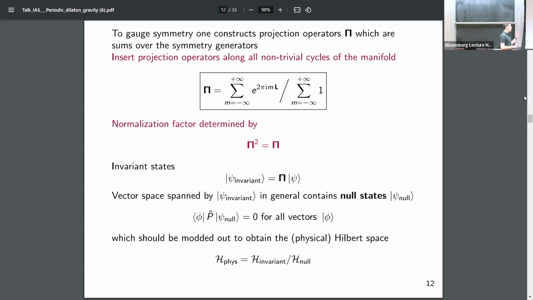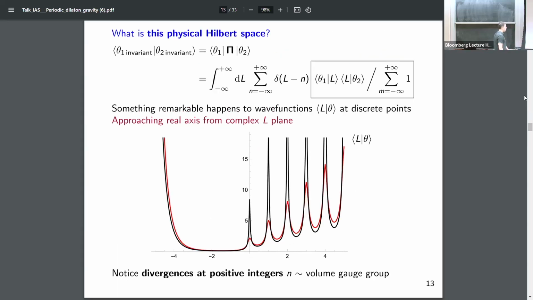In this space, you will get null states, which have to be modded out to get a physical Hilbert space, and I want to now sort of manually construct that physical Hilbert space. Okay, so to do that, I want to compute the inner product between the projected data eigenstates, just to find out what the new inner product is. From an inner product, I read off their completeness relation, etc.